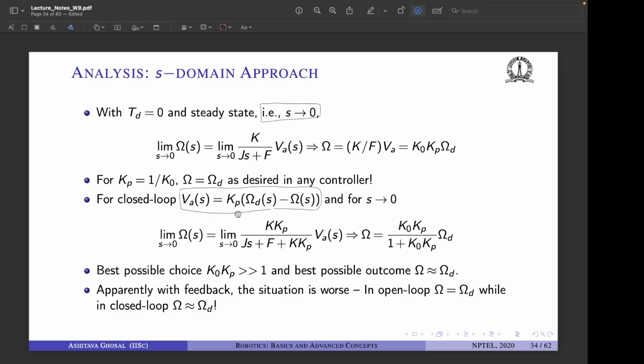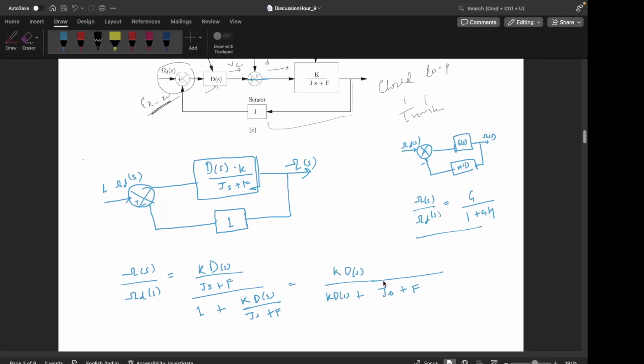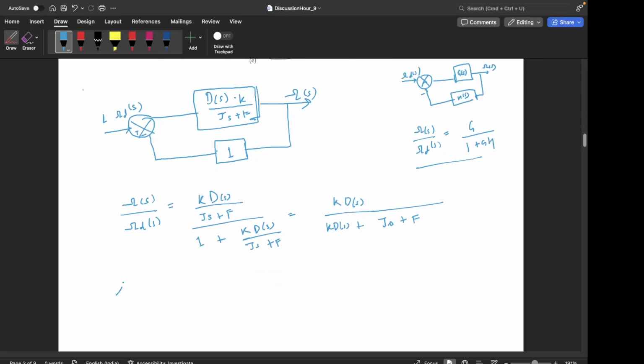So this is our most simple control scheme, the simplest closed loop control scheme in this case, because we are taking in the feedback.